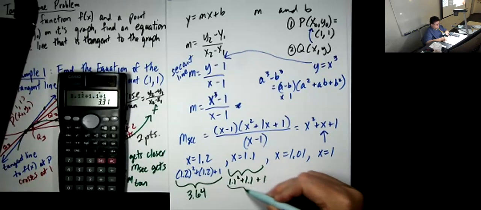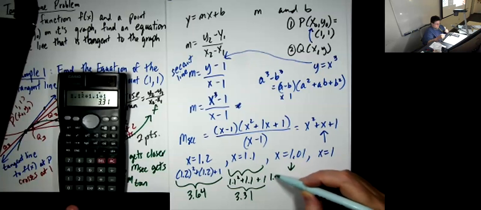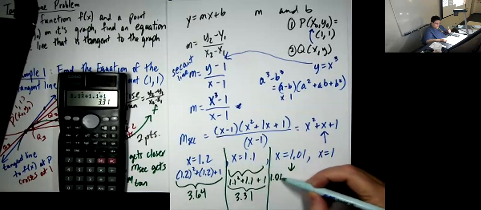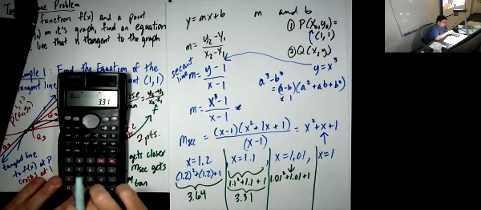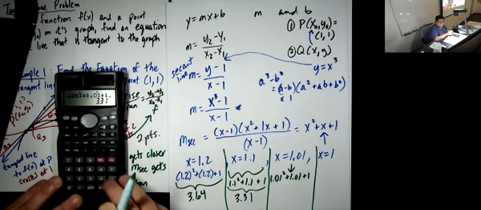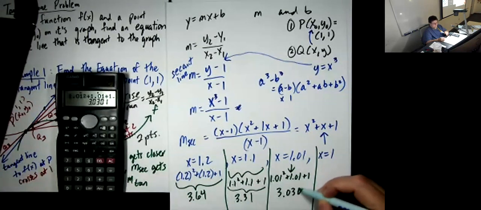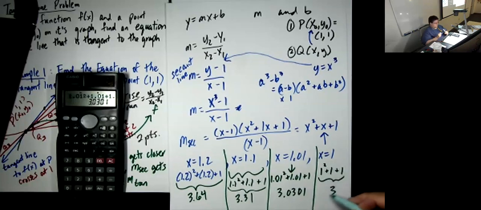If I do this one right here, 1.01 squared plus 1.01 plus 1, what do I get? 3.0301. And if I do this one, x equals 1, I got 1 squared plus 1 plus 1 is 3.